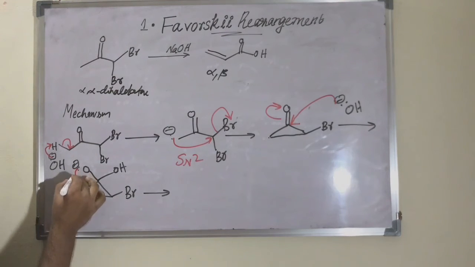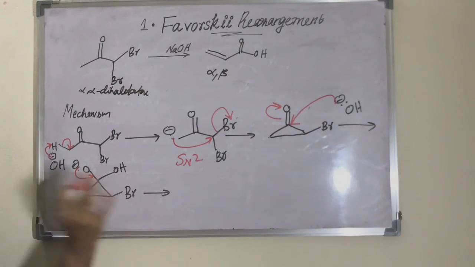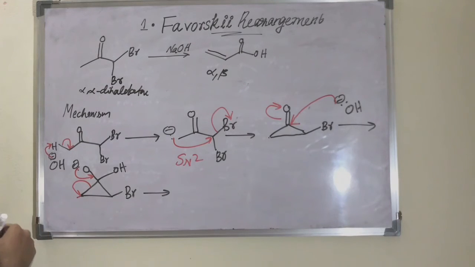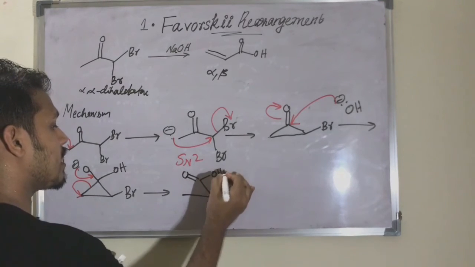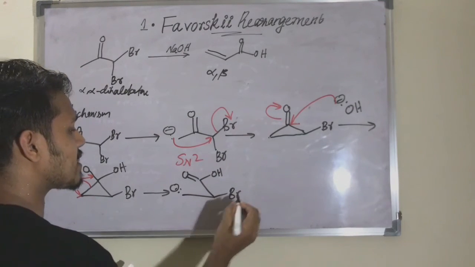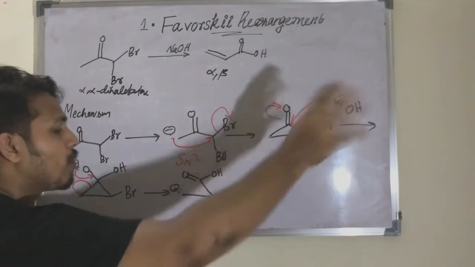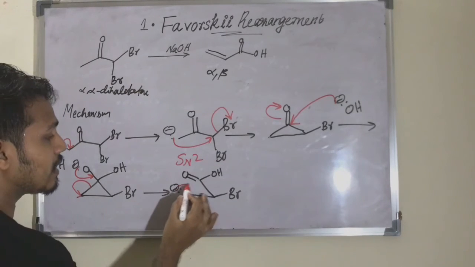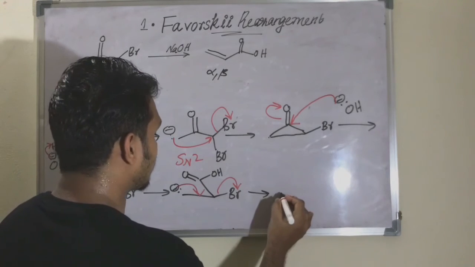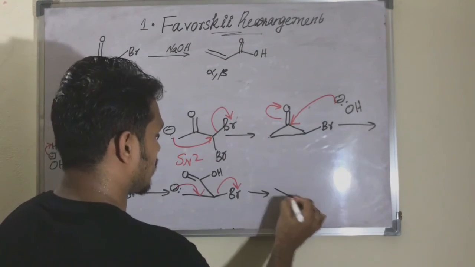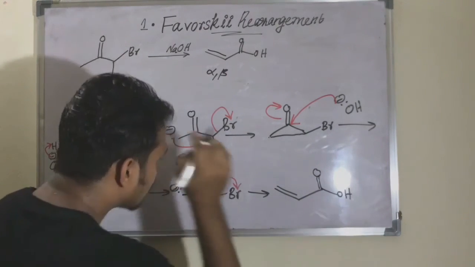So this bond will break, because the carbanion formed at this portion is opposite to the Br. You will end up with a double bond, OH, carbanion here and Br here. If you generate the carbanion here, it can move away this Br and you will end up with the alkene. That is the charm of this reaction. So you will end up with this double bond, OH, with elimination of Br.